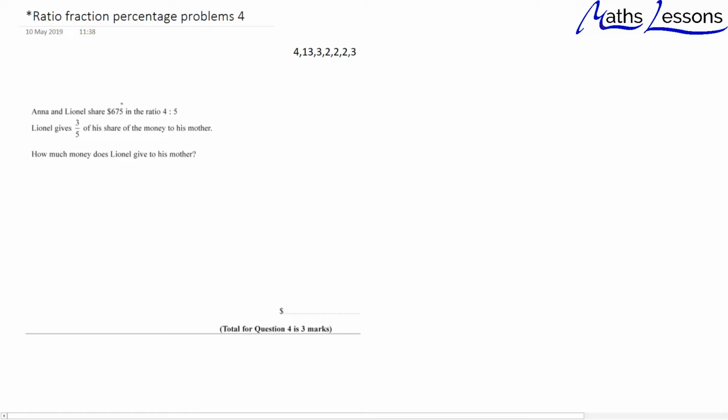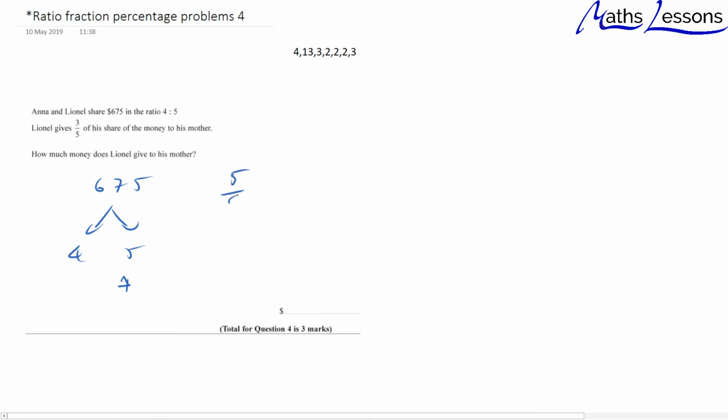So we first of all have to work out what his share was. We have 675, and it's going to be shared in the ratio 4:5. Essentially, Lionel's going to have 5/9 because it's 9 parts, and he's got 5 parts.